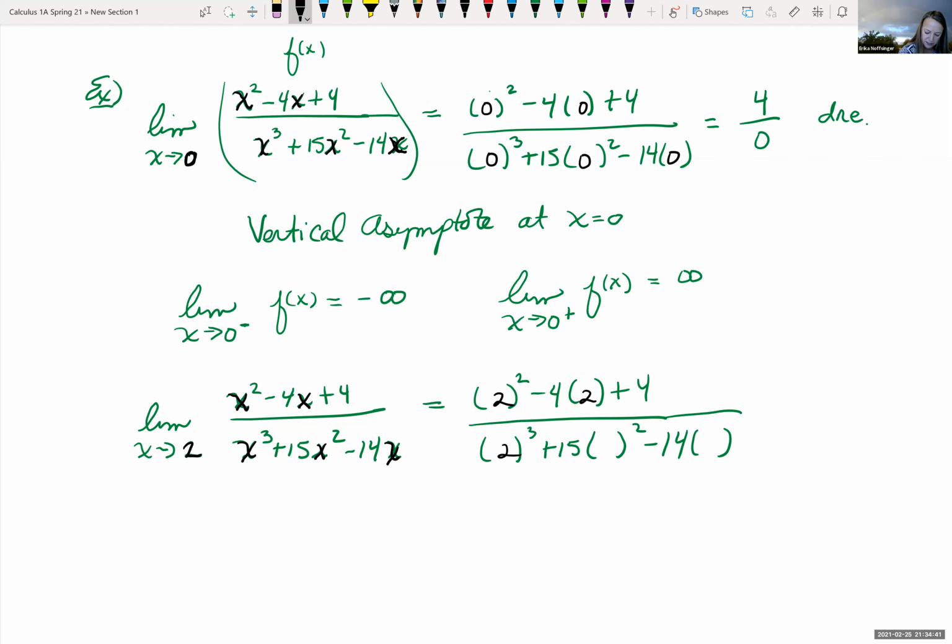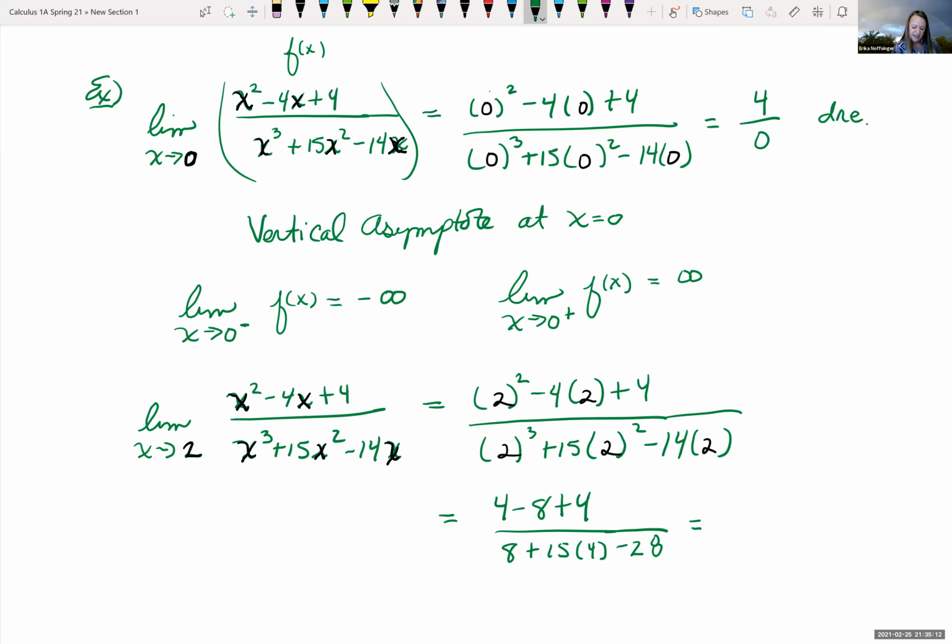Order of operations: simplify the numerator, simplify the denominator, exponents come first, multiplication, then addition or subtraction. So we have 2 squared is 4, negative 4 times 2, so minus 8, plus 4, all over 2 cubed, which is 8, plus 15 times 2 squared, which is 4, minus 14 times 2, so minus 28.